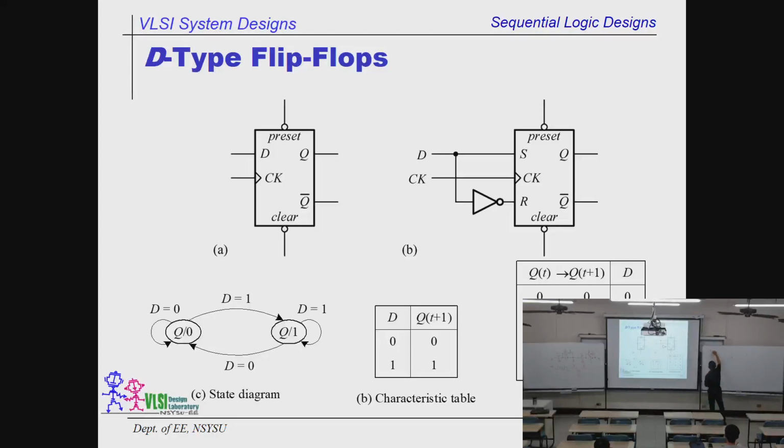This is the Mealy machine, because the output is correlated to the state and the input. This is the definition of a Mealy machine.